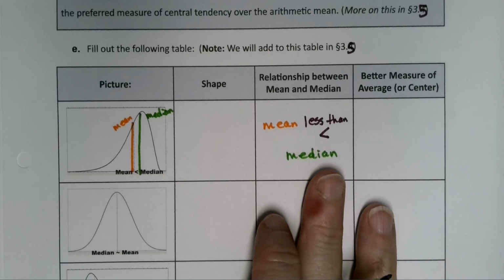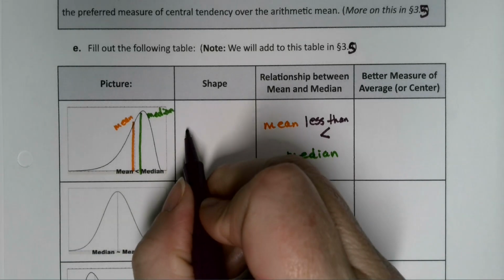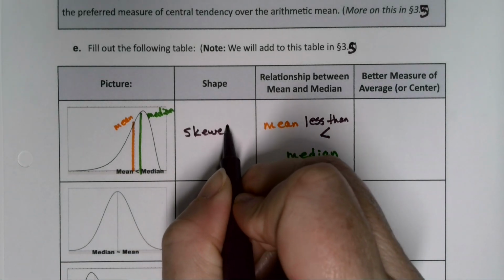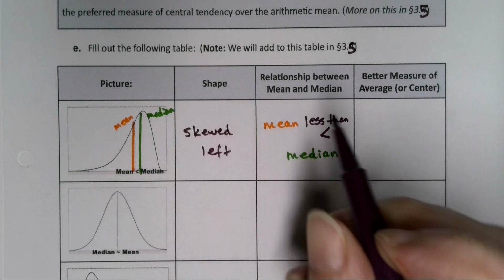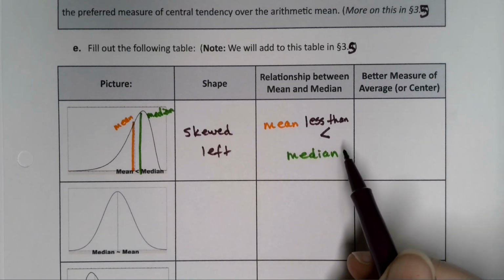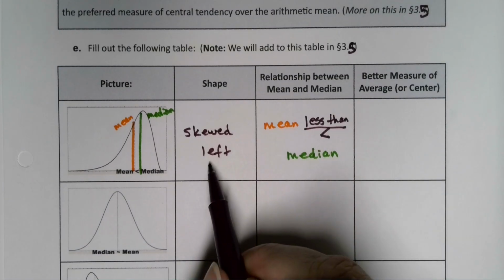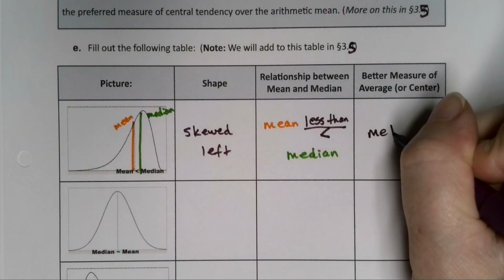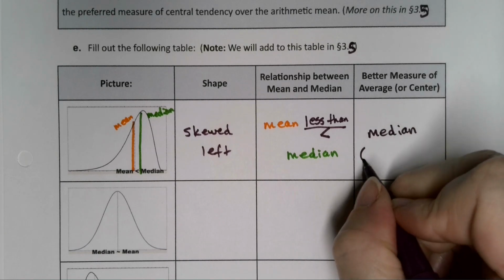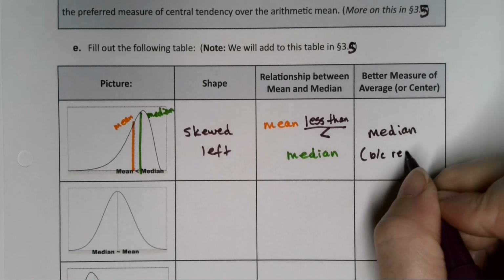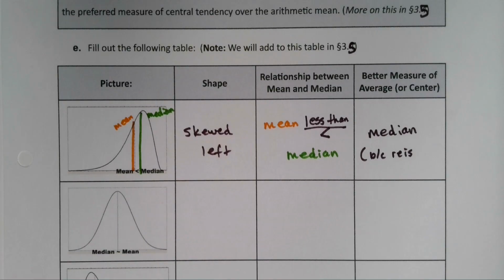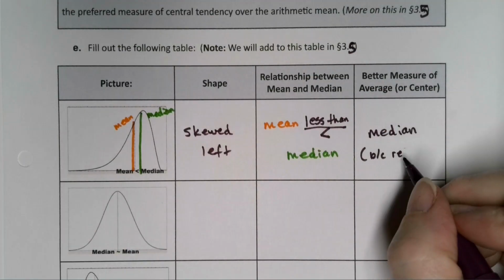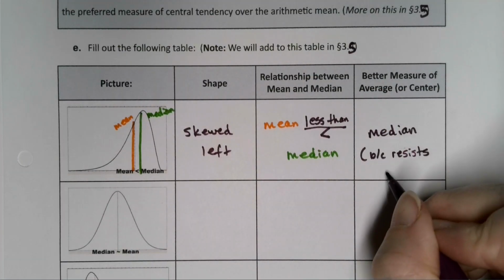If that's the case, we call that skewed left. When your mean is significantly less than your median, that's skewed left, and your better measure of center is the median, because the median resists skewing.